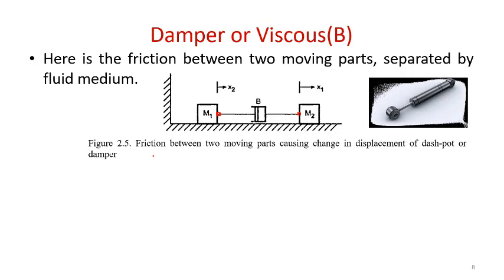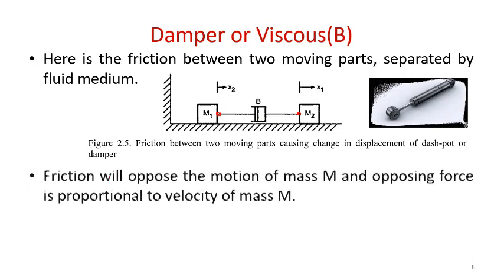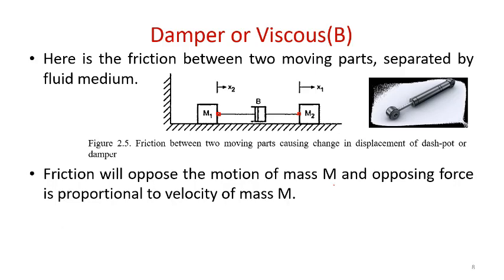Where do we find such an application? Here there is a vehicle, a car, and here there is a trolley, and in between we want damping between the elements. For this type of control we require this type of system. The friction opposes the motion of the mass m, and the opposing force will again be proportional to the net change in velocity. So Fb is proportional to velocity.